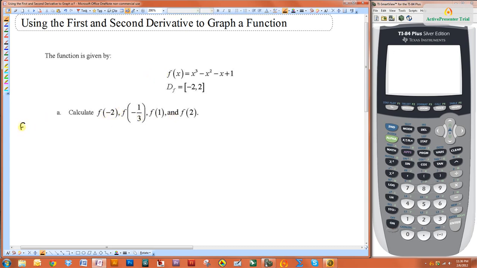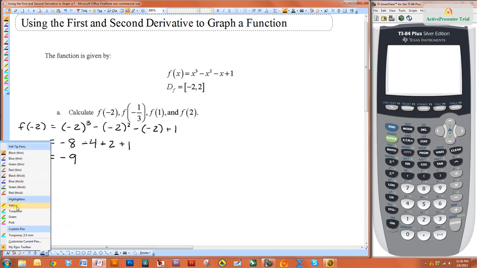So let's start with f at -2 by just putting a -2 wherever we see an x. Okay, so f at -2 is equal to -9.